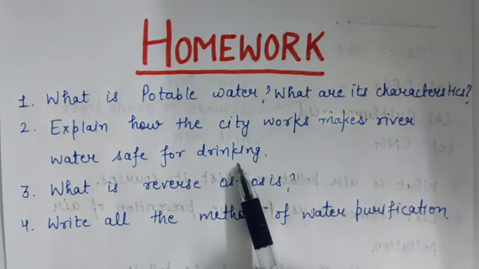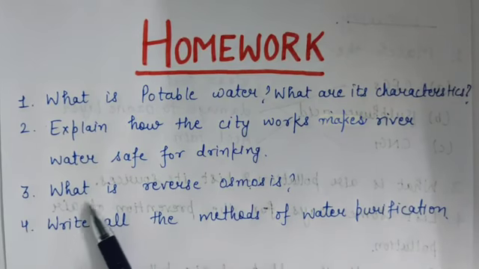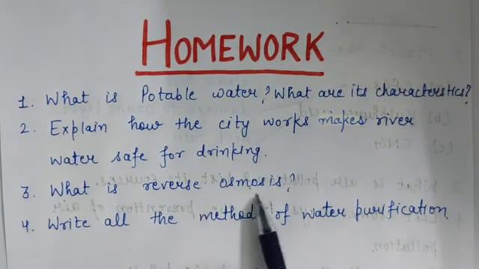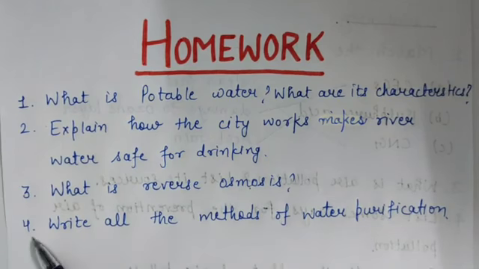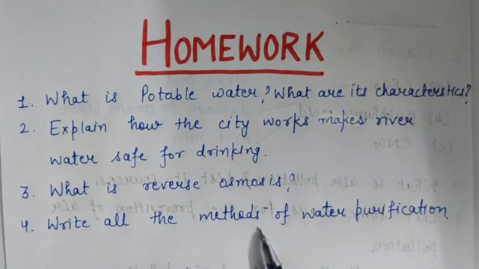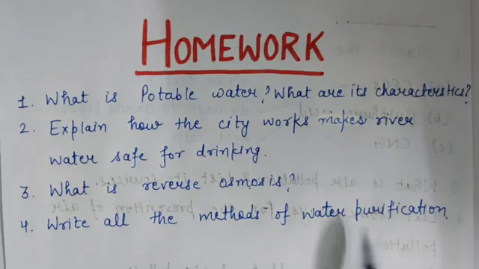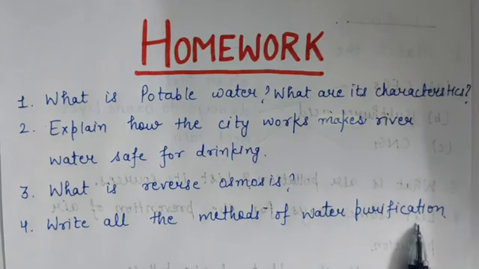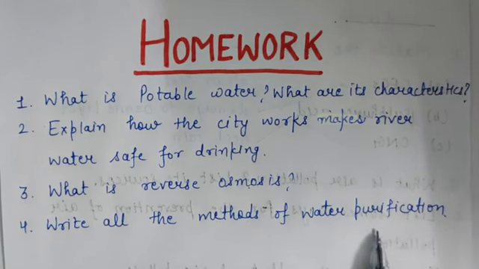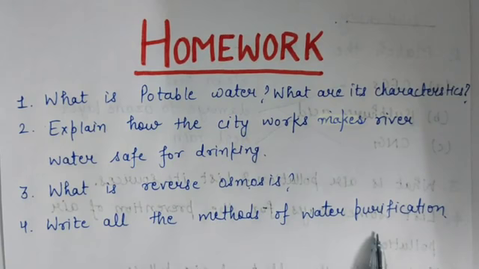Means you have to write the steps, okay, that are used for water purification. Third question is, what is reverse osmosis? Question number 4 is, write all the methods of water purification. Okay, so this is your today's homework. You have to do this homework in your fair notebook.